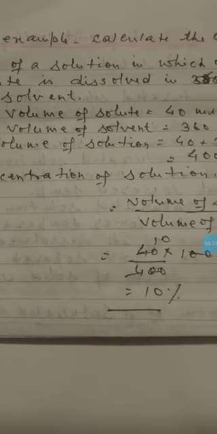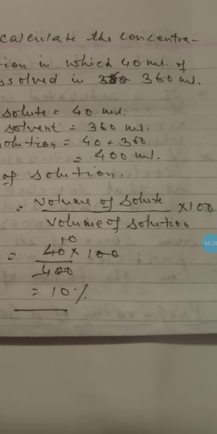Then concentration of the solution equals volume of solute by volume of solution into 100. Putting all these values, 40 by 400 into 100, we have 10%. It means the concentration of this solution is 10%.